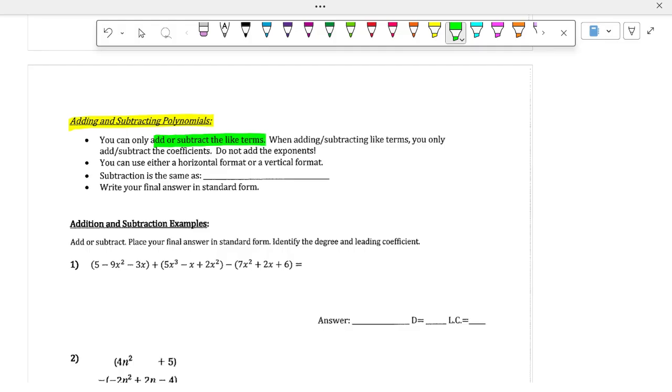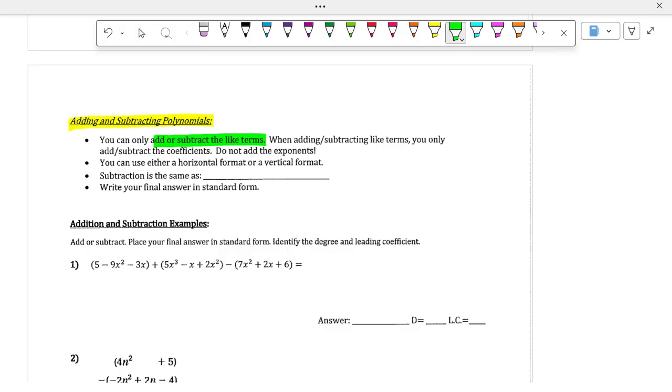Tell me again what a like term is. How do I know if two terms are like terms? They should have what? There are two things for it to be a like term. Same variable, same exponent. That's a like term.